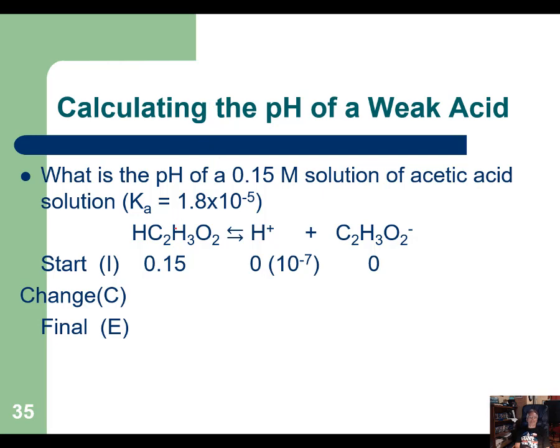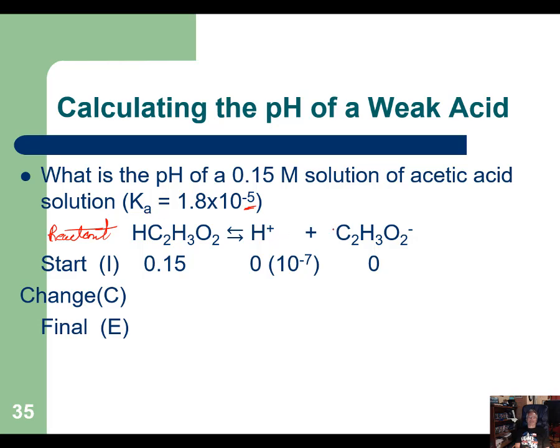All right, this is a weak acid. This is acetic acid. It's going to ionize to a very small degree. It's a very reactant favored equilibrium. We can tell that it's reactant favored because the exponent is 10 to the minus 5 for the equilibrium constant.